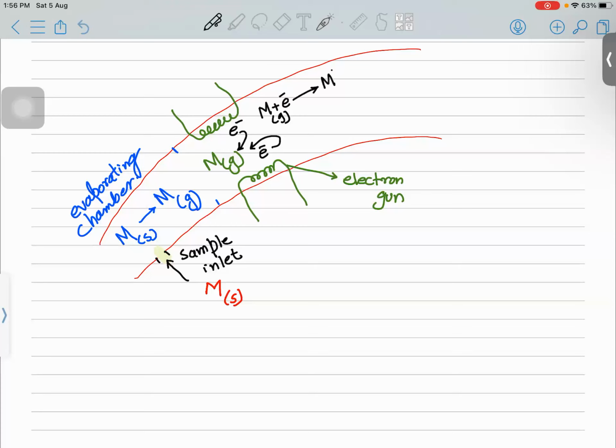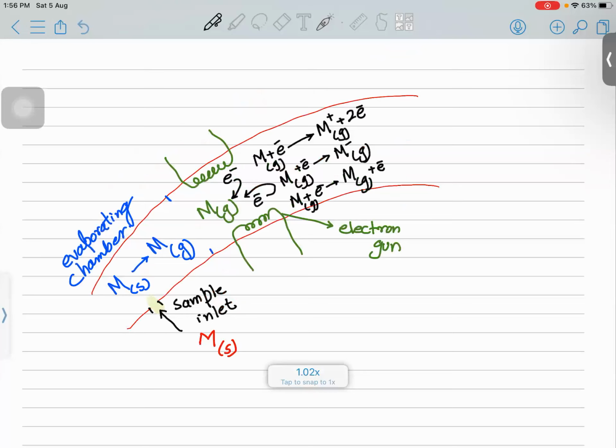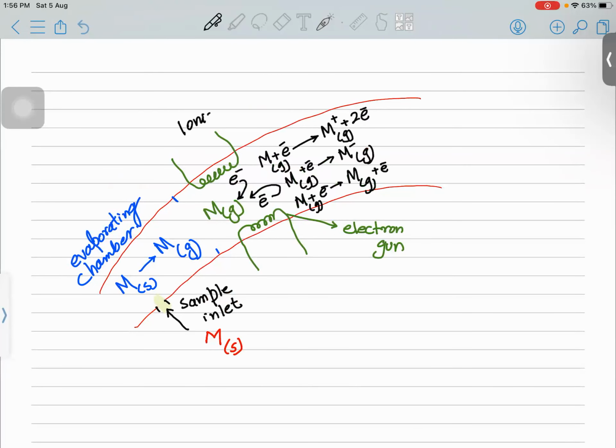Either M positive is formed, or another chance is to get M negative, and the last option is it remains M. So this chamber is called the ionizing chamber because ions are formed.